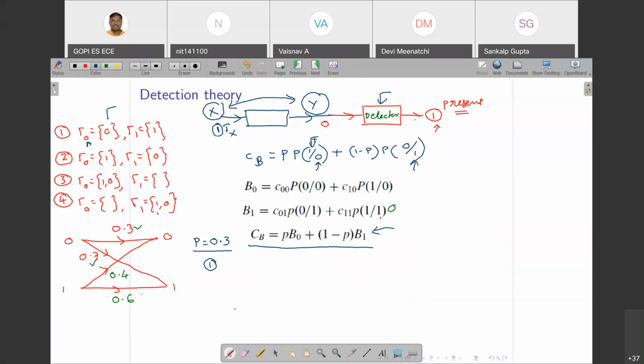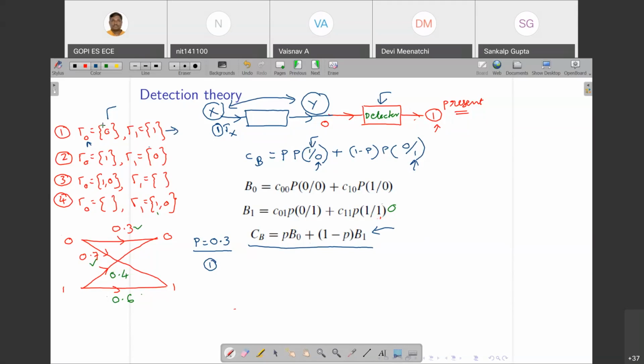You have to look for the possible values of y that end up with detecting it as 1 here. So what I am trying to say is, what is the corresponding y value for which the detector is going to detect it as 1, right?